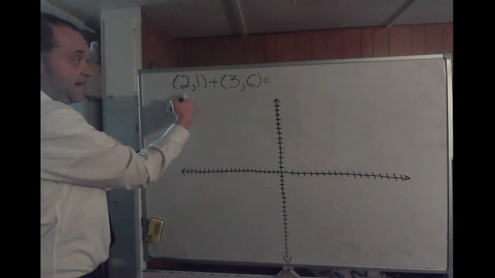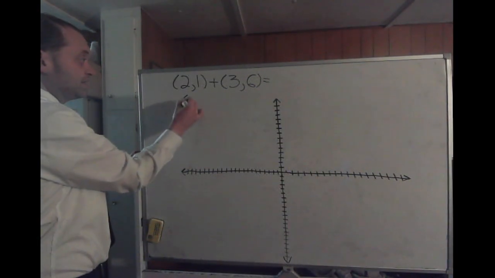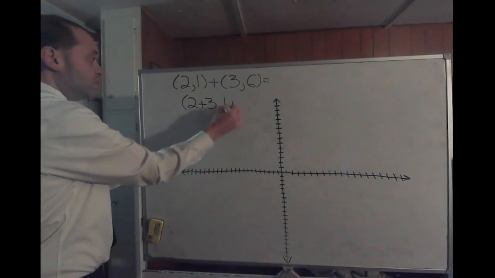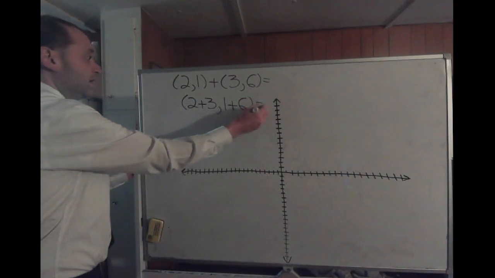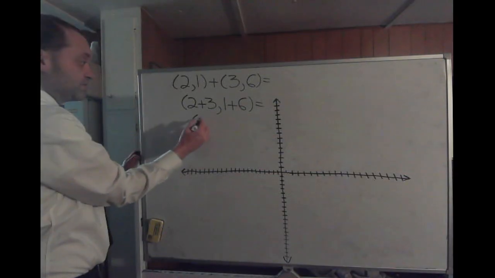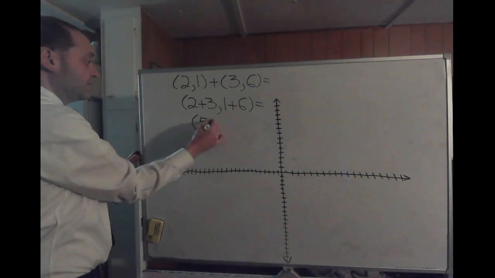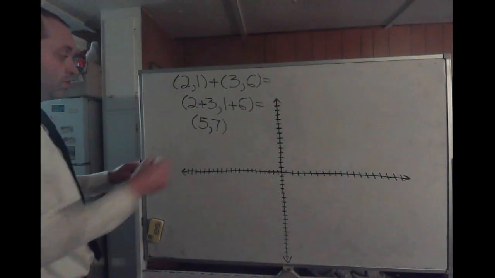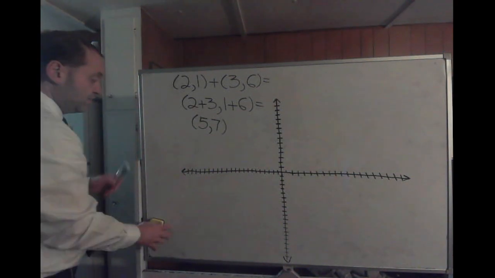Well, you just add each coordinate of the vectors, add the 2 plus 3 for your x's, and then the 1 plus 6 for your y. That's going to give you a vector sum of 5, 7. So you just add up your x coordinates and then your y coordinates, you would get 5, 7.